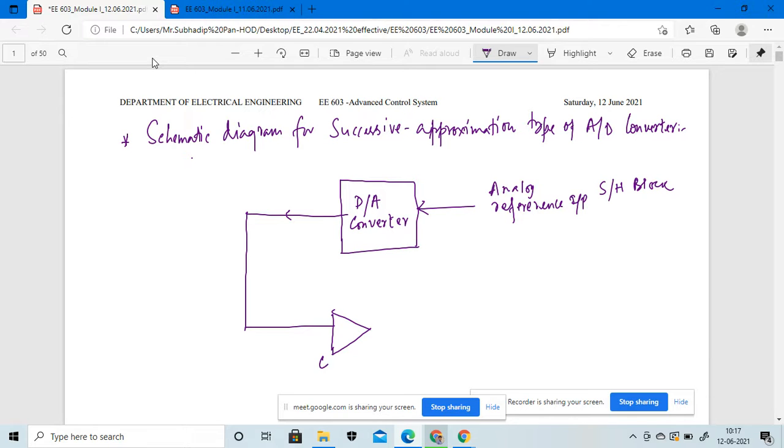with the comparator, we can say, with minus and plus inputs. This will be my analog input.